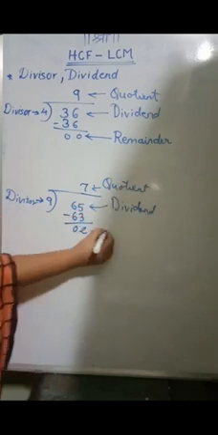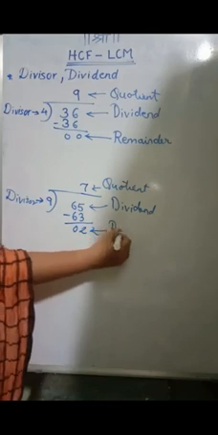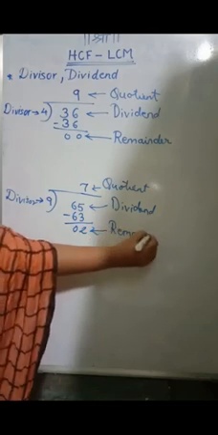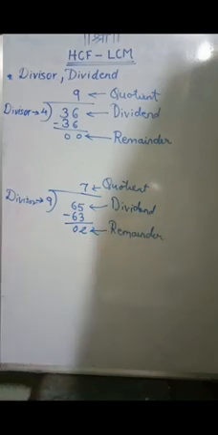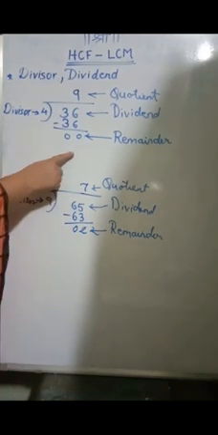And what is the remainder? 2. So when we divide 36 by 4, the remainder is 0.